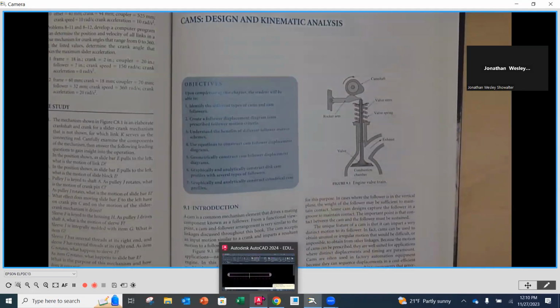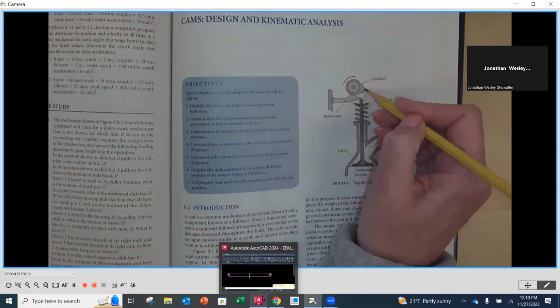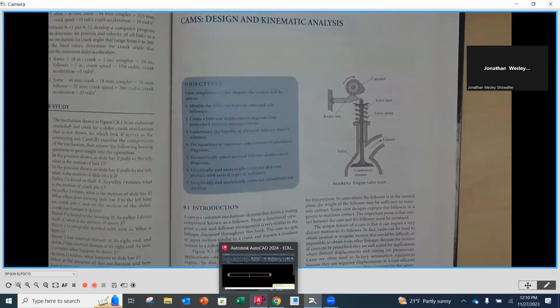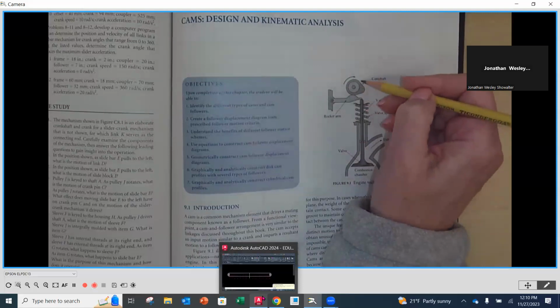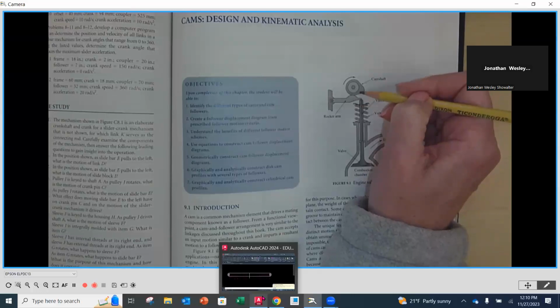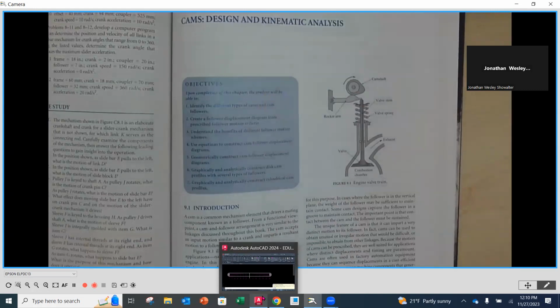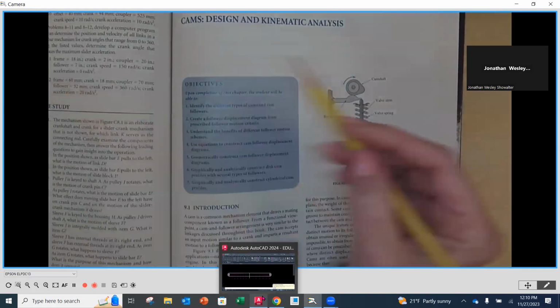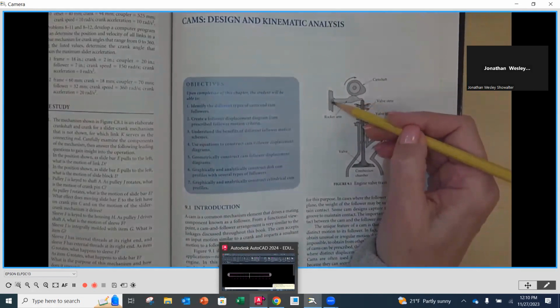Now, the camshaft rotates around, and this protrusion here is called a lobe. As the camshaft rotates around, the follower, the rocker arm, comes in contact with that cam itself. As this lobe comes around, it's going to push that rocker arm down, which is going to rotate about this center.